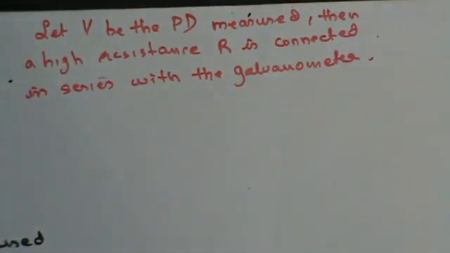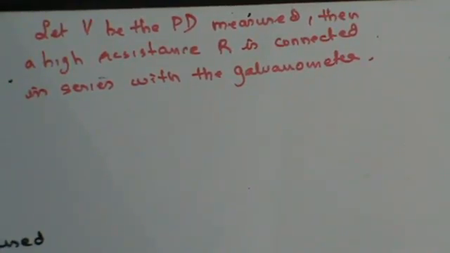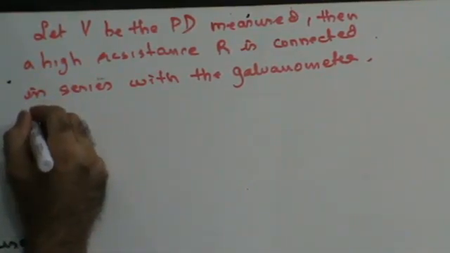To measure that high potential difference, I'm connecting a resistance R in series with the galvanometer. Now, why do I need the series resistance? What is the purpose of this resistance?